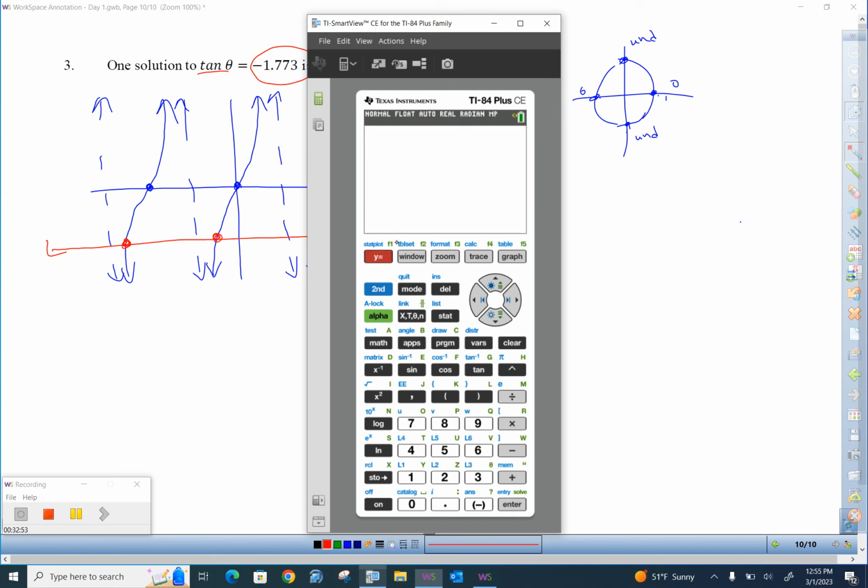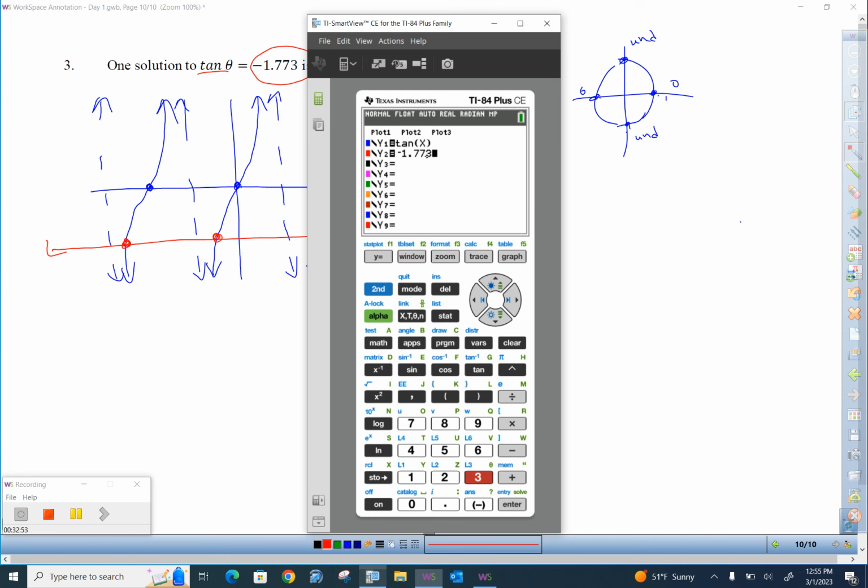Okay, so let's now talk tangent. Clear out what you got. And we're doing tangent of x, and then the negative 1.773. For the most part, you're not going to have to change your window, but in the case of tangent, we don't have a maximum or a minimum.